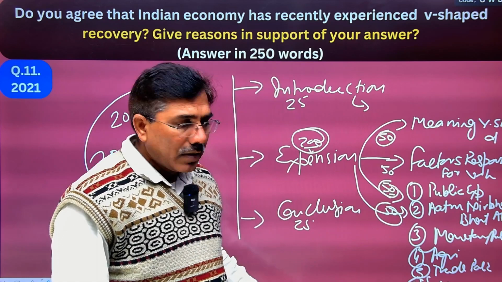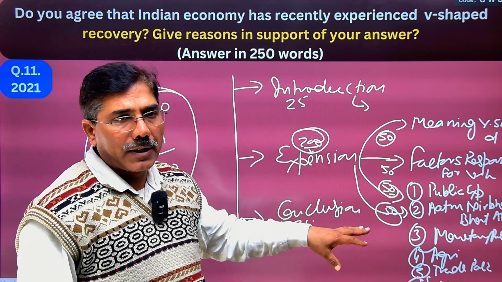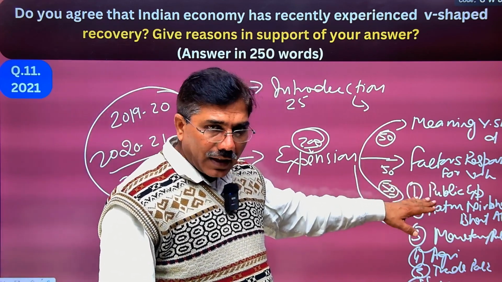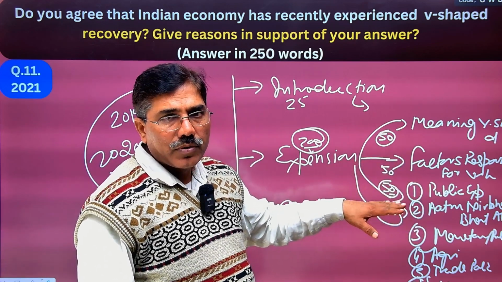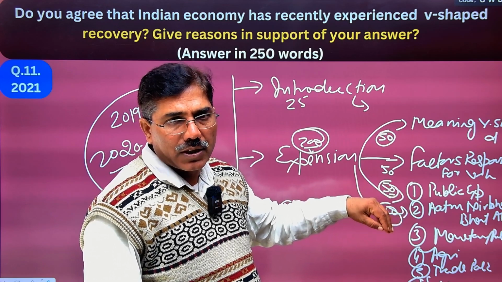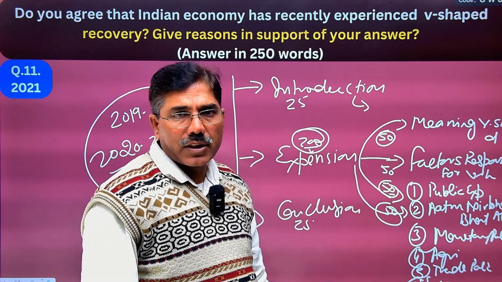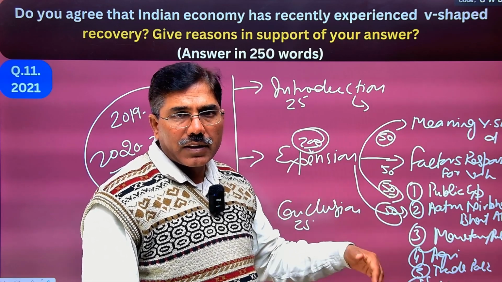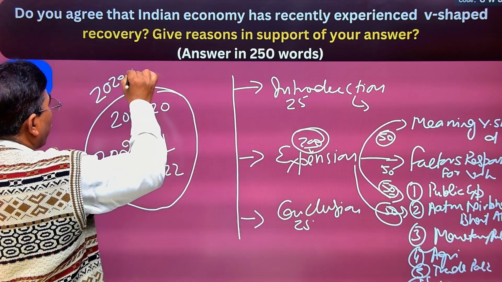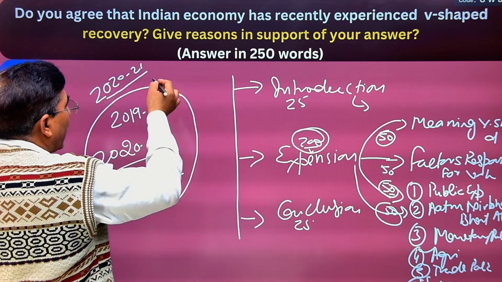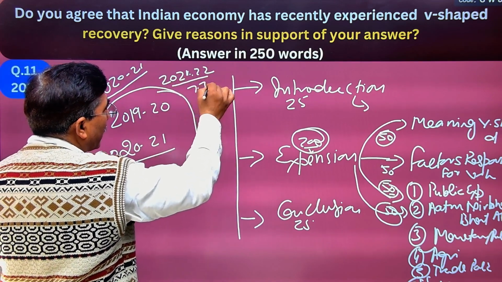Now finally you will conclude: because of that kind of policy, all sectors of the economy, the industrial sector, agriculture sector and tertiary sector, began to improve and came out from negative to positive growth rate consistently, which improved in the coming financial years. The growth rate during 2020-21 was not satisfactory, but in 2021-22 it was roundabout 7.7%.